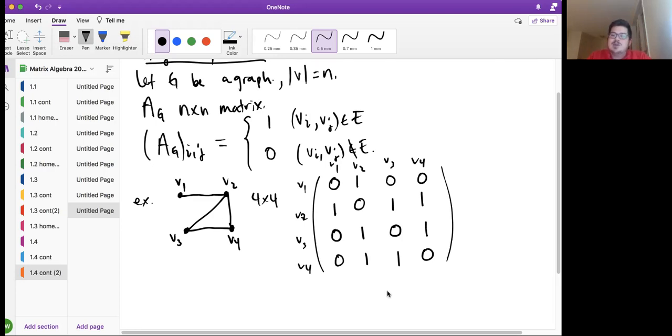But big question. What type of matrix is this? What nice quality does this matrix have? Based on something we talked about in the beginning of class, it's symmetric. Yeah. Why is it symmetric? Based on the definition.